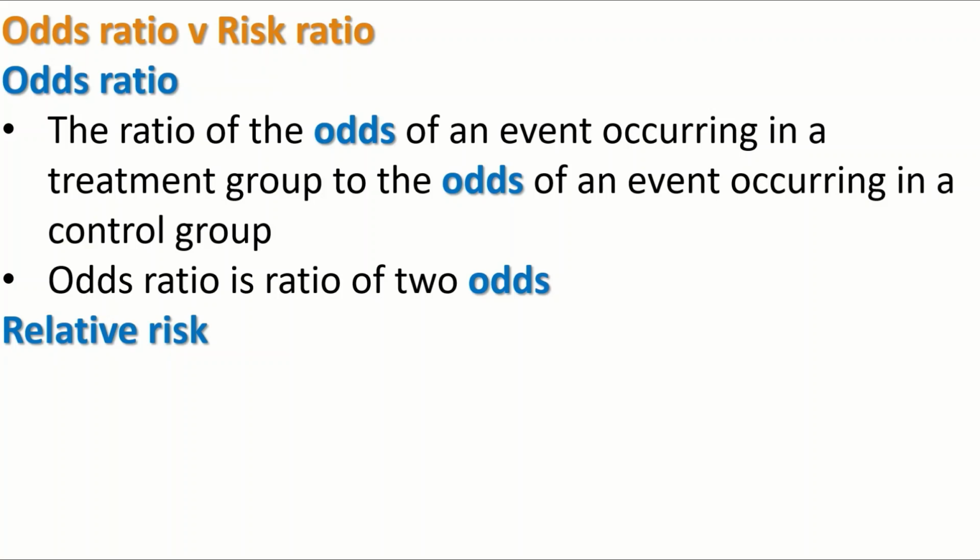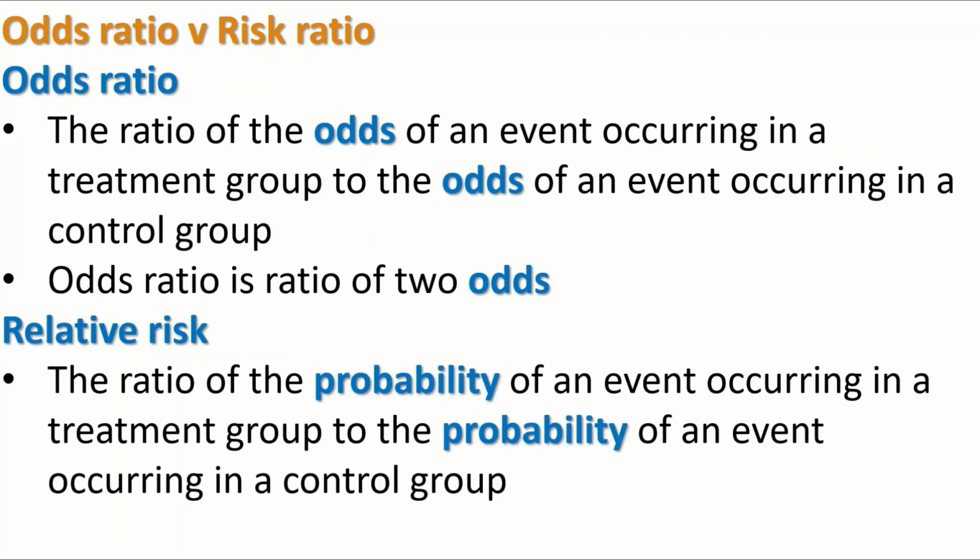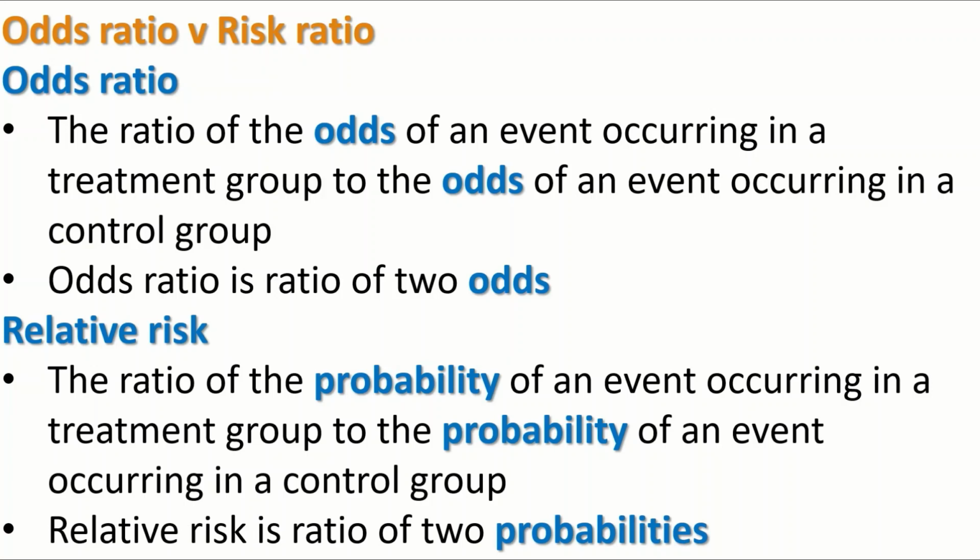The relative risk or risk ratio is the ratio of the probability of an event occurring in the treatment group to the probability of an event occurring in the control group. So the relative risk is the ratio of two probabilities.